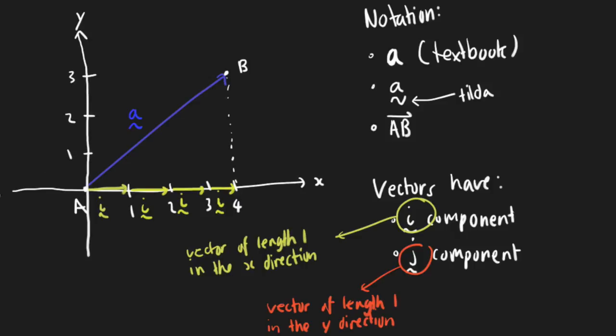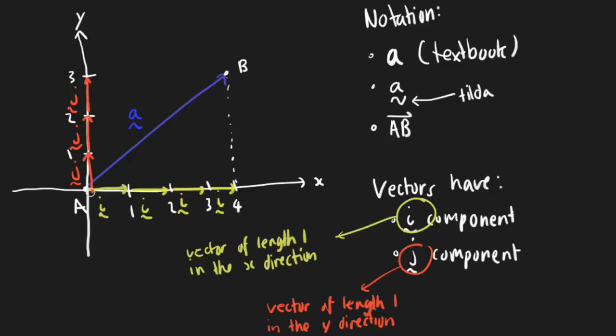And that would be 2, that would be 1. And okay, so that is j, right? So to make up our vector, which is the blue vector, we need 3 of these j vectors. So this in total becomes 3j.